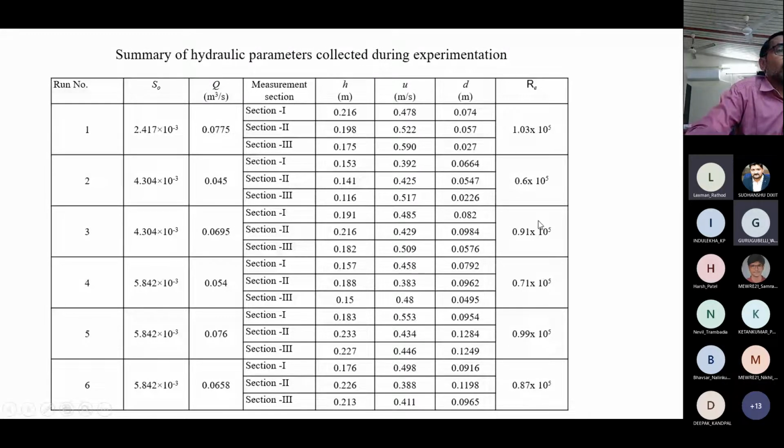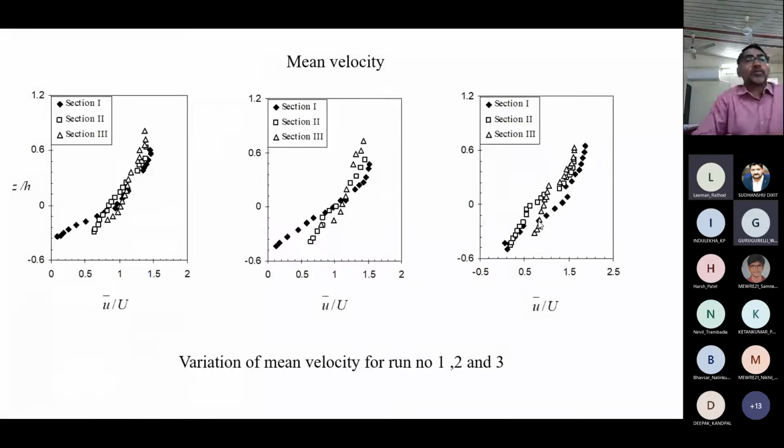Right. Taking all these observations, we have now plotted mean velocity for different runs, which I am showing here for 3 experimental runs. This is U average. Whatever U average you have calculated from the data, I have given only 1500 points although there were 4500, you take the average of that, say 84 centimeter per second.